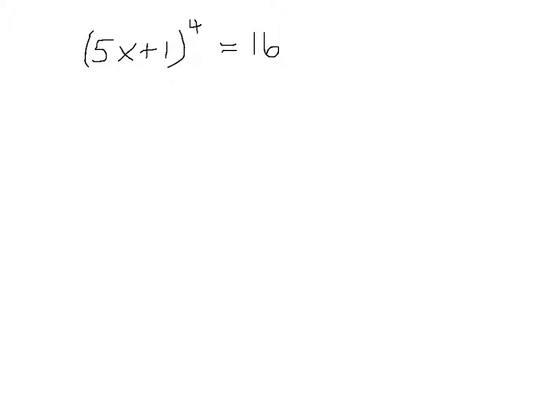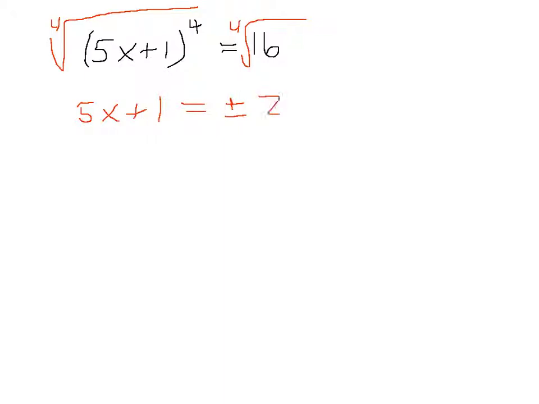So if we look at this example, what we would do to both sides is take the fourth root, like so, and that means 5x plus 1 is equal to plus or minus the fourth root of 16, which is 2.